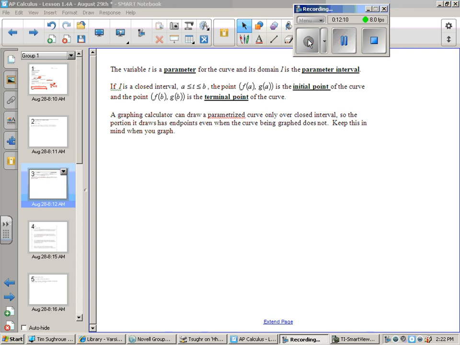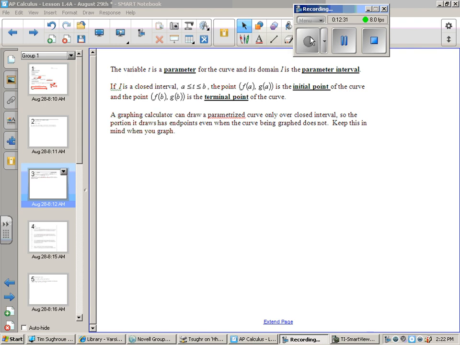If I, this parameter interval, is the closed interval from a to b, the point f of a, g of a is called the initial point of the curve, and the point f of b, g of b is called the terminal point of the curve. Don't make this more complicated than it is.